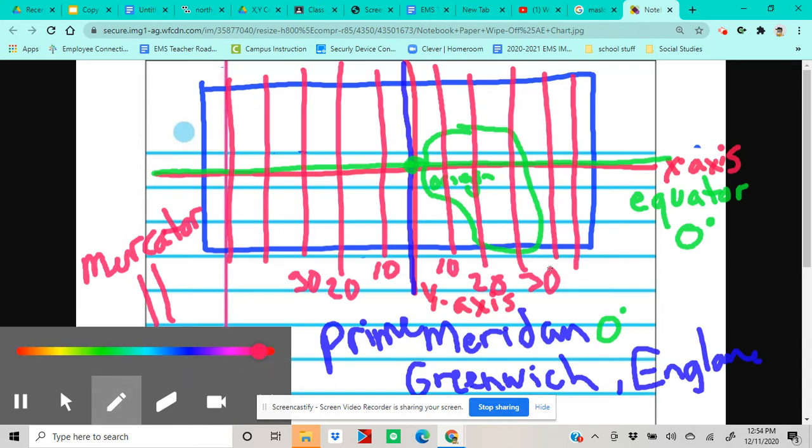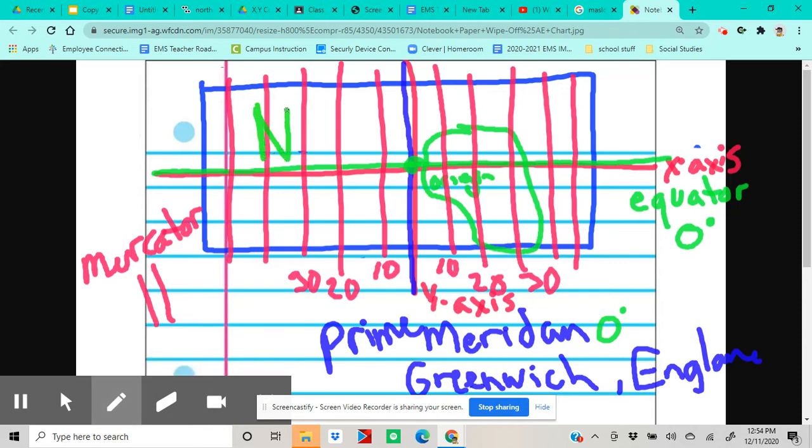the way I do that is separating the quadrants. This would be the northern half of the Earth. This would be the southern half of the Earth. And we call halves hemispheres.